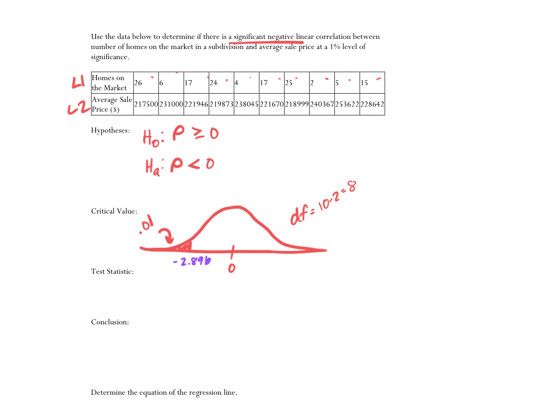Okay, and it is worth noting that in reality we would probably look at a scatter plot of our data and make sure that that scatter plot is showing a negative relationship.